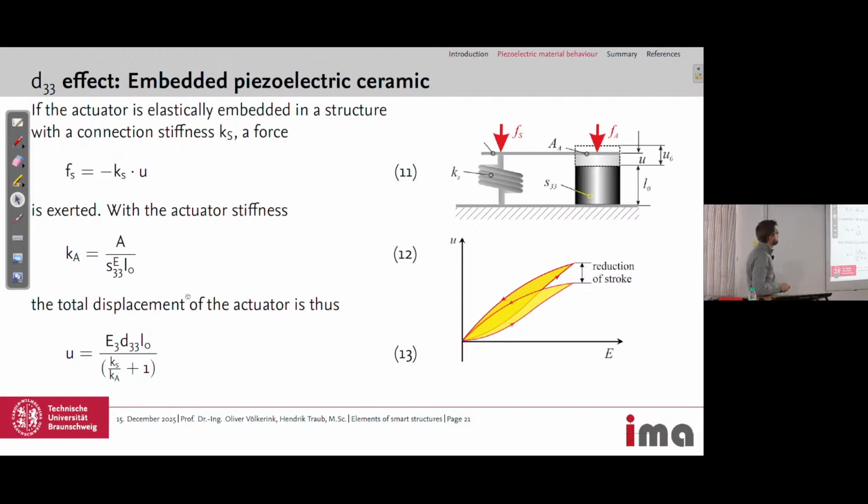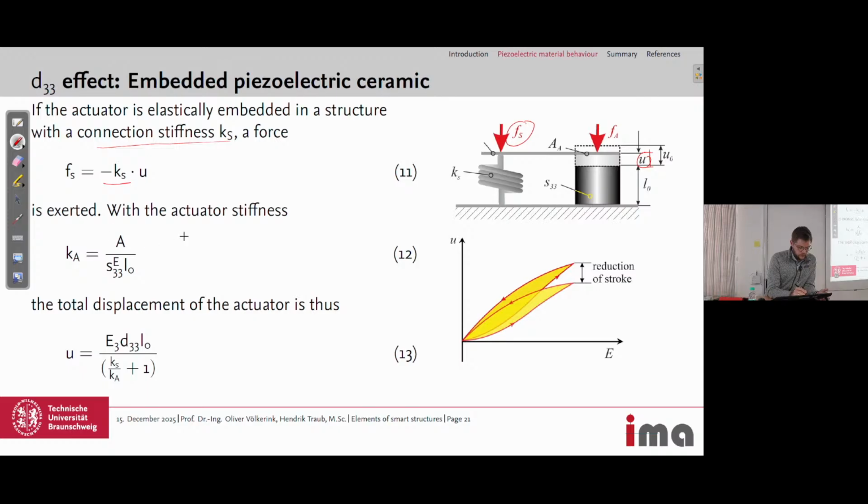So how does this look like? We have the actuator embedded elastically in the structure. We have a connection stiffness for the surrounding structure, which is this external force Fs is minus Ks, so the spring stiffness of the surrounding material times the displacement U here.